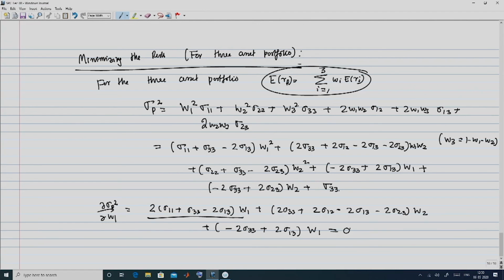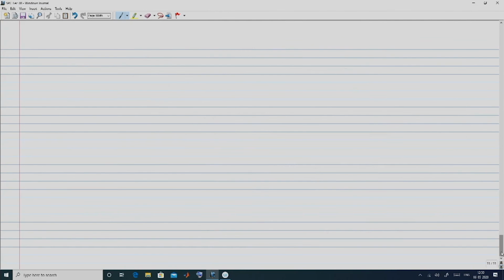So, this coefficient comes from here, and this one comes from this term, and this one comes from this particular term, and I set it equal to 0.